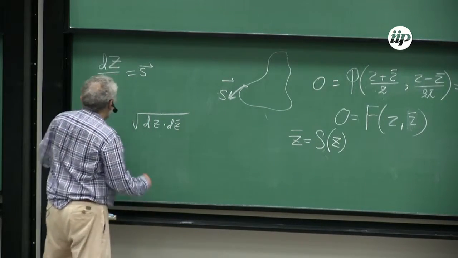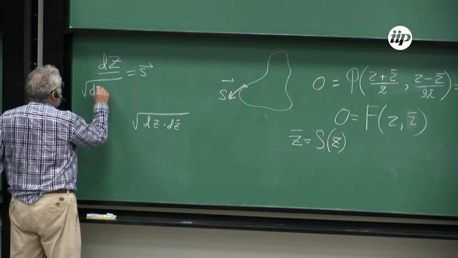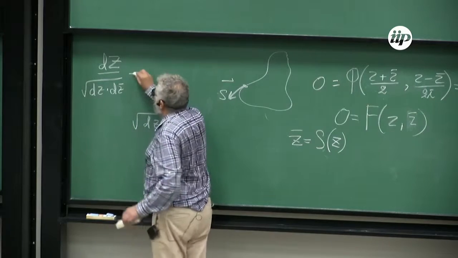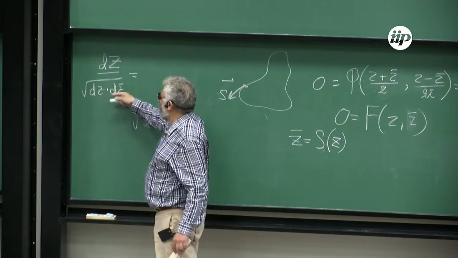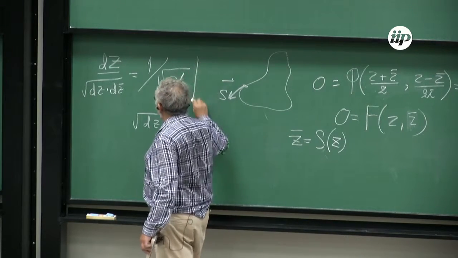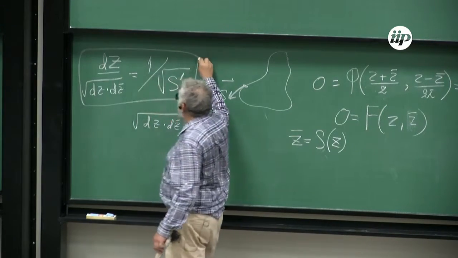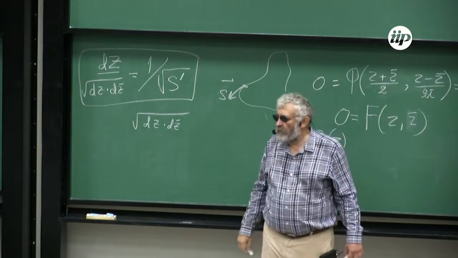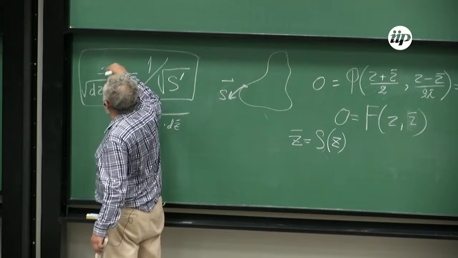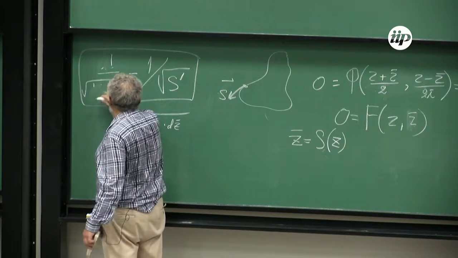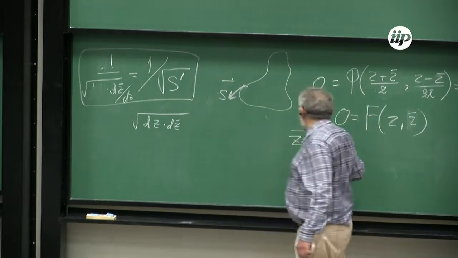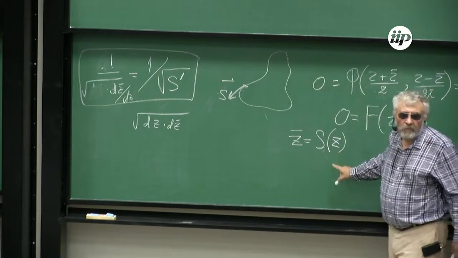But if you simplify this fraction, you will see this nice equation, because instead of dz, I write here 1, and here dz bar over dz, which is exactly Schwarz prime.